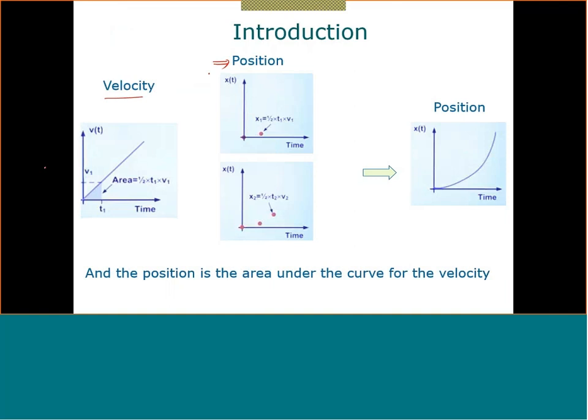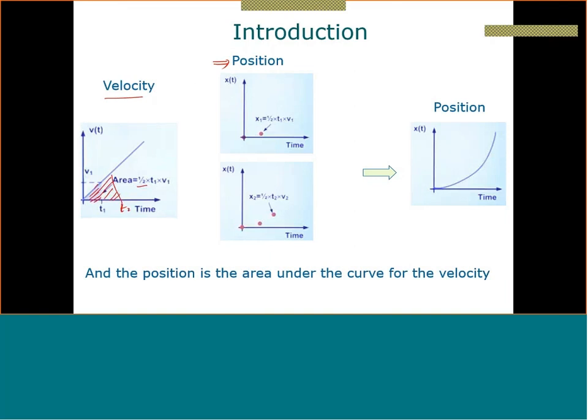Here, this is the area under the curve, which is a triangle. So it is 1/2 t1 times v1. You will find this, and then you will find another area at t2, and so on and so forth.